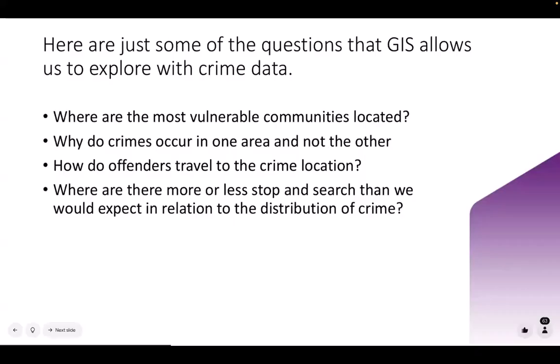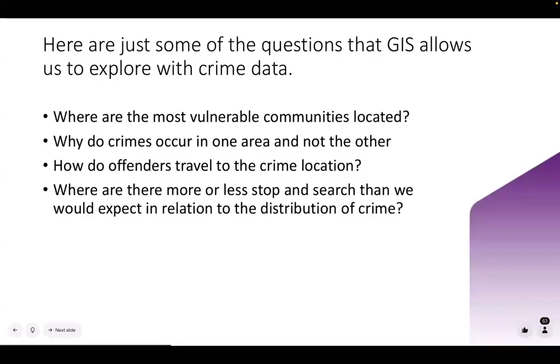For example, a study by Ackerman and Rossmo in 2015 found that in general, violent crimes had a shorter median distance to crime than property crimes, which is quite interesting. There are also other factors such as age and gender, and things like neighborhood affluence and target suitability that affect how offenders travel to the crime location.